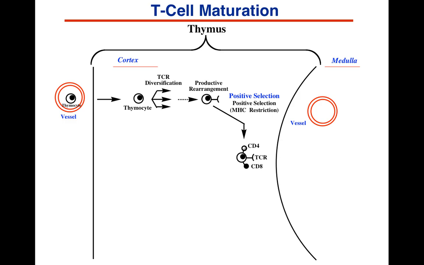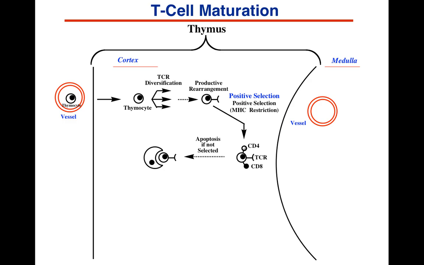And so under these conditions, you get positive selection, in which there is expression on the epithelial cells of MHC1 and MHC2. These are the only other cells in the body that will express MHC2, and they are in the thymus.